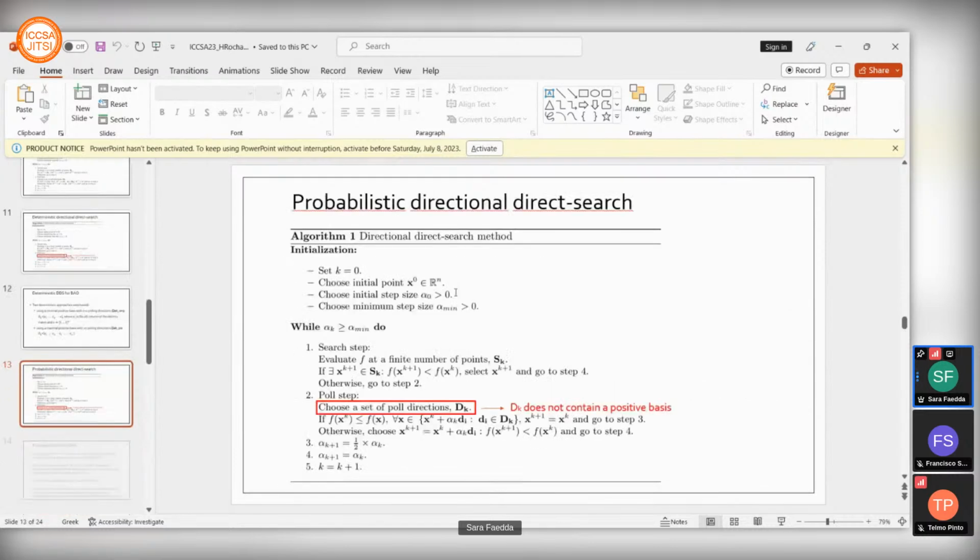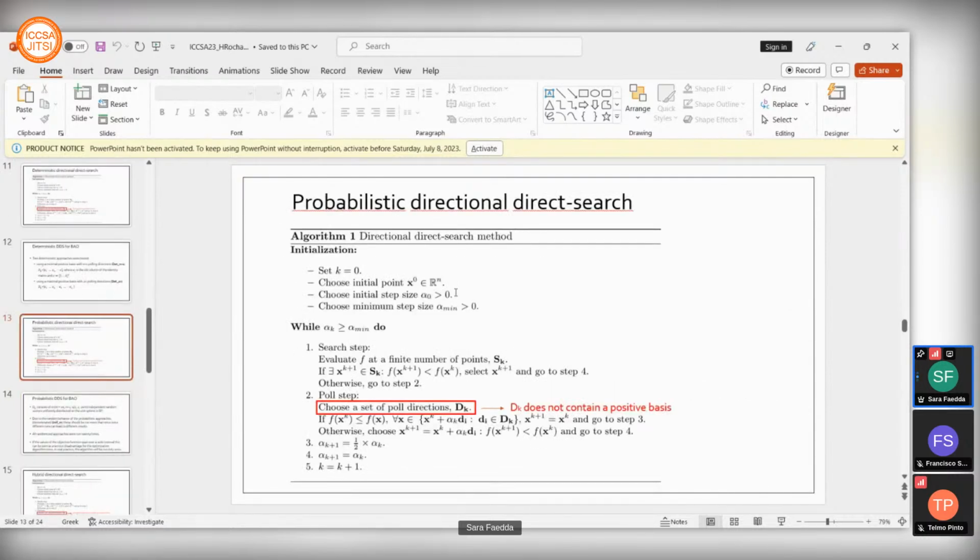So that's the main motivation for using a set of poll directions that does not necessarily contain a positive basis. In particular, using a reduced number of directions to explore the search space, and with that improve computational time.